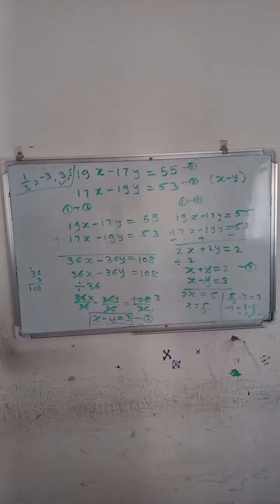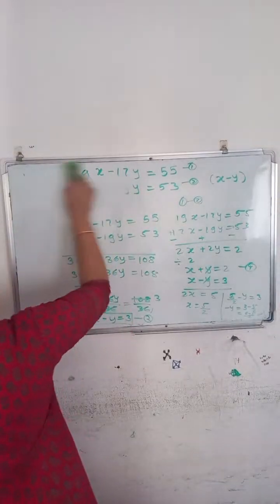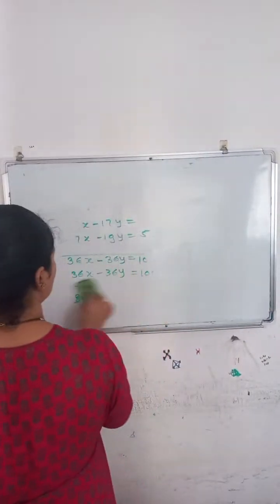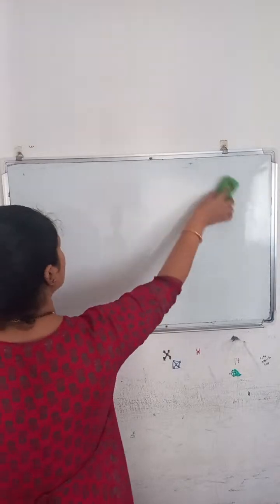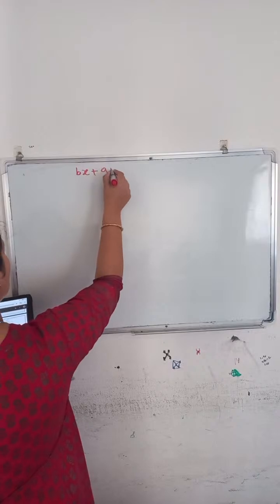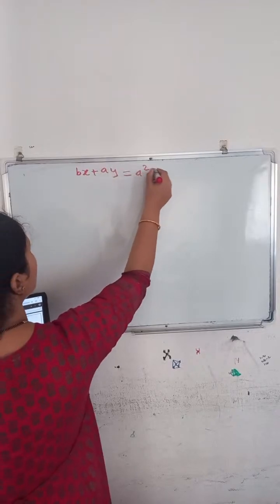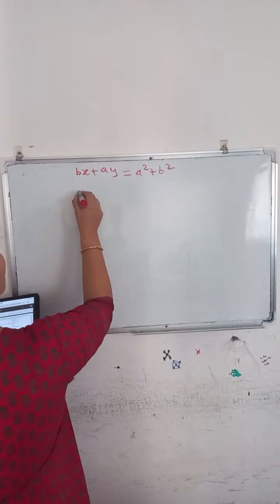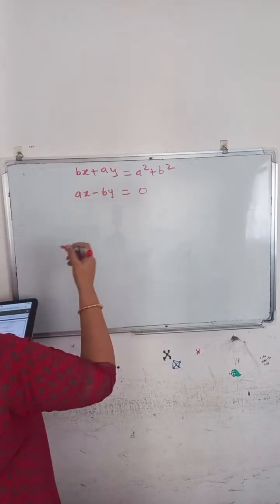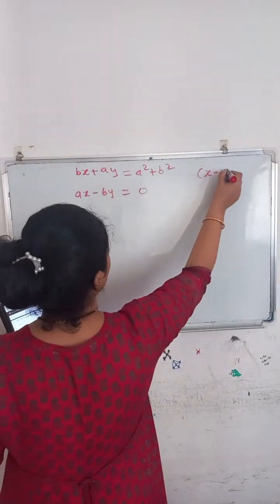Write down: if bx plus ay is equal to a square plus b square and ax minus by is equal to 0, then find the value of x minus y.